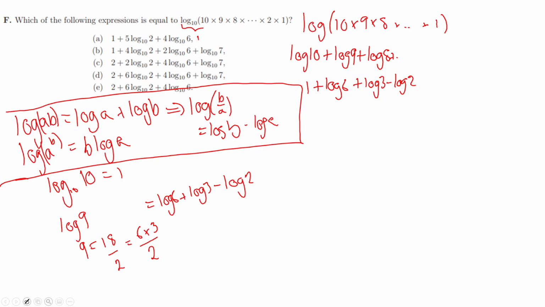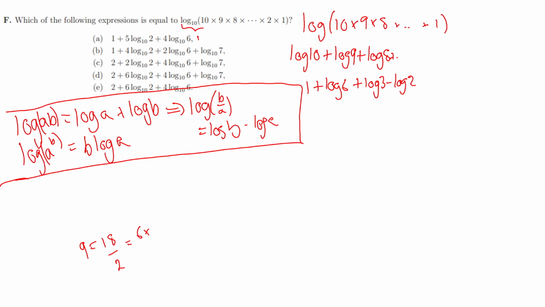I'm going to rub out this working here. You can pause and rewind the video if you need to, just because we don't have enough space on this particular slide to go through every single part of the log. So we have log 10, we have log 9, log 8.